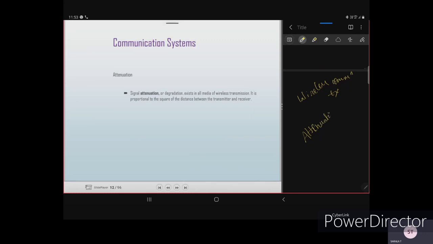Attenuation will be proportional to the square of the distance, whatever the distance is. What is attenuation?